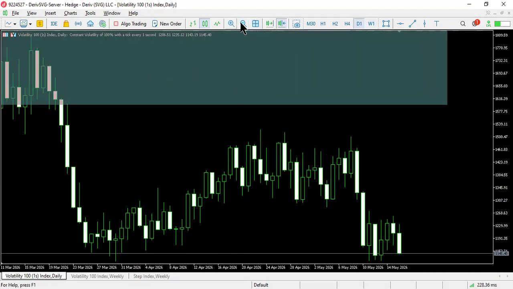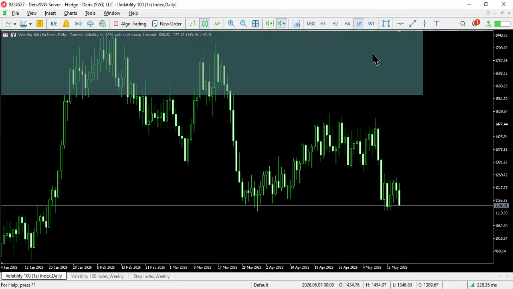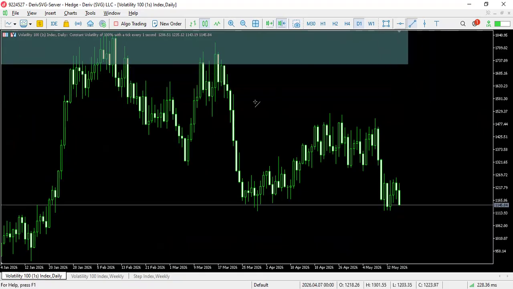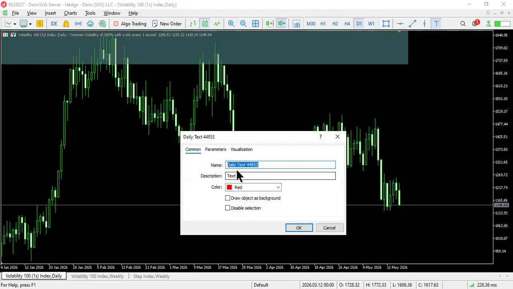Heading over to the daily time frame. From the daily time frame, we have a break of structure here, which is the general break of structure.